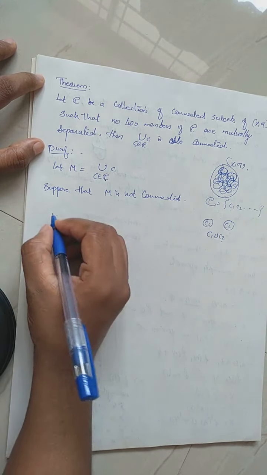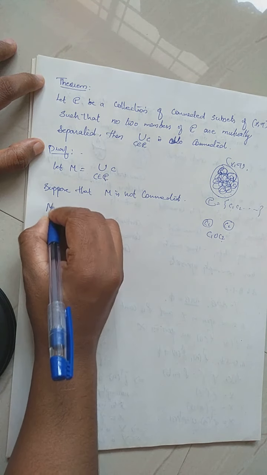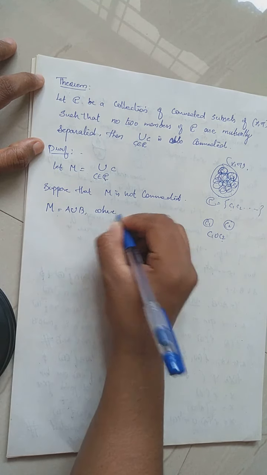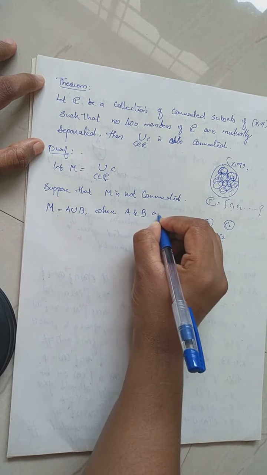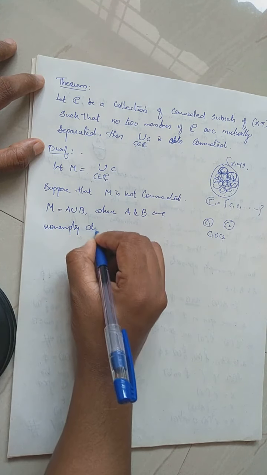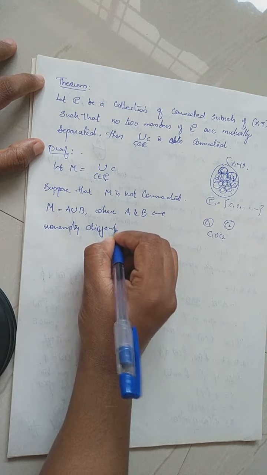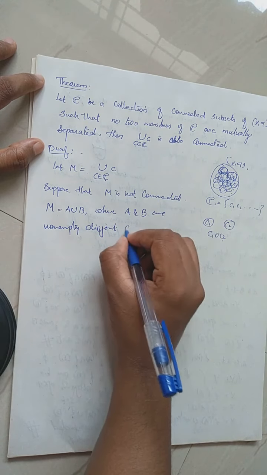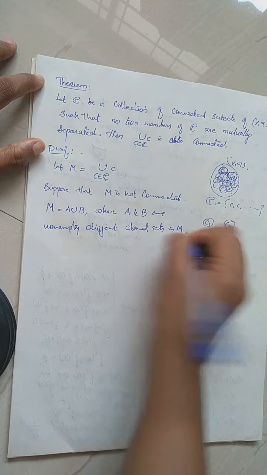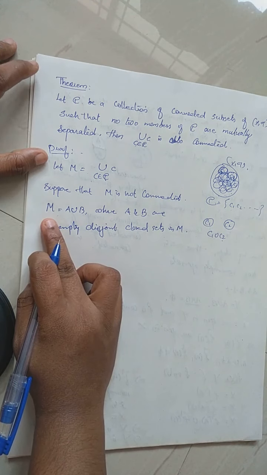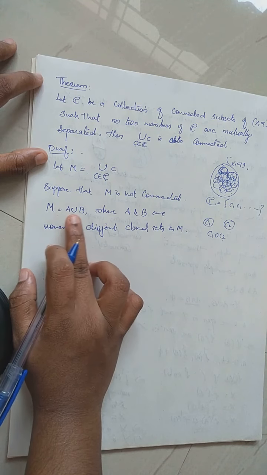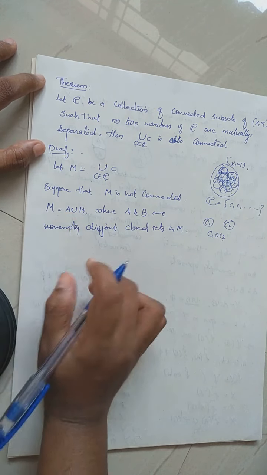When M is not connected, I can write M equals A union B, where A and B are non-empty, disjoint, open sets or closed sets. I take closed sets here, closed sets in M. So since M is not connected, it can be written as the union of two mutually disjoint closed sets.